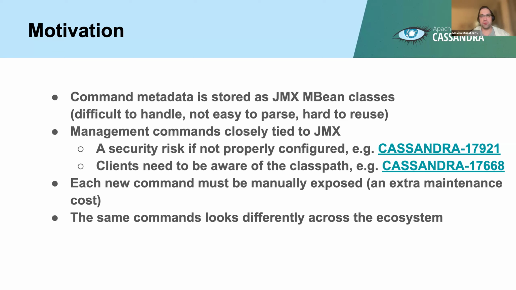It should be exposed to nodetool, where we should implement the command on that side. This new command should be exposed through different interfaces, like the REST API, and we should manually implement them, and so on and so forth. So it's a bit of an annoying thing.